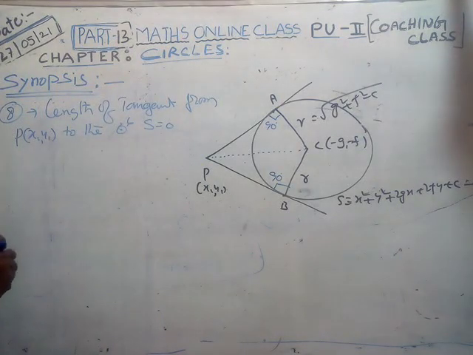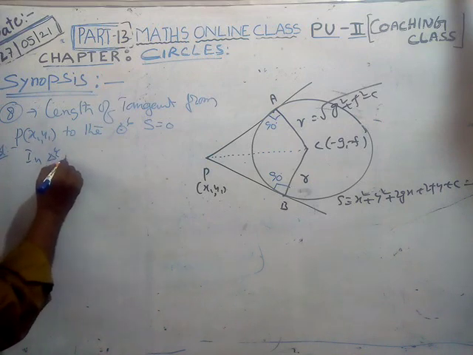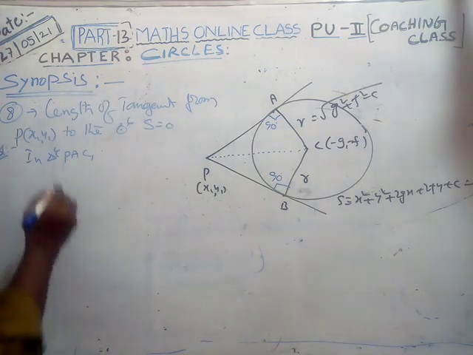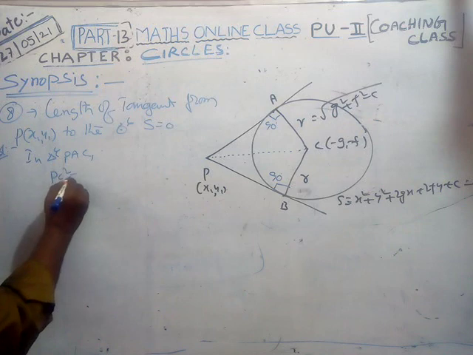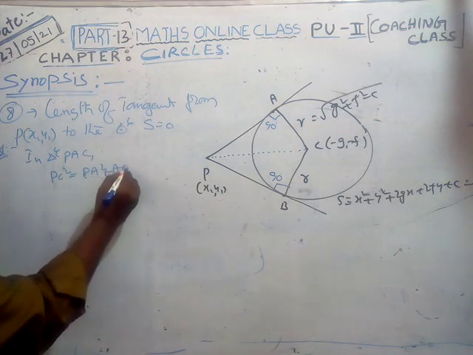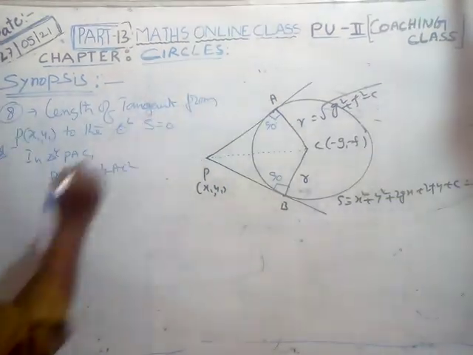So, from that concept, just observe it, in triangle PAC, it is a right angle triangle. PC square is equal to PA square plus AC square. We need to find PA only.